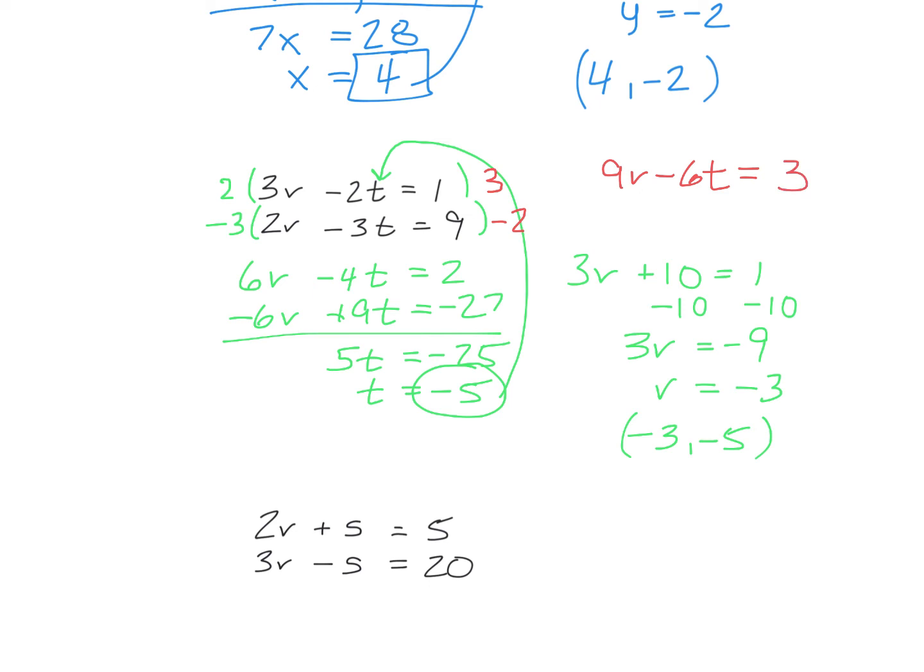And then I'd have a negative 4r plus 6t is equal to a negative 18. And you can see if you add these up again, you're going to get 5r. The t's eliminate, you get negative 15. That's going to give you your r to be negative 3. You're going to get the same solution.